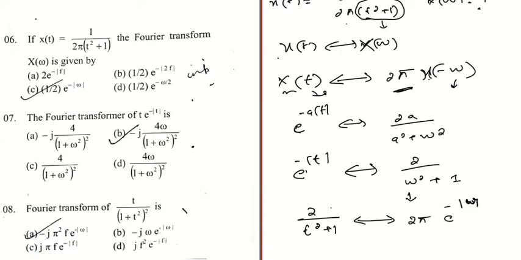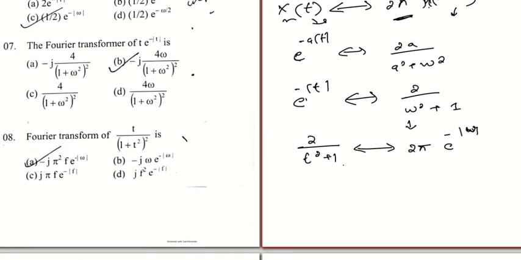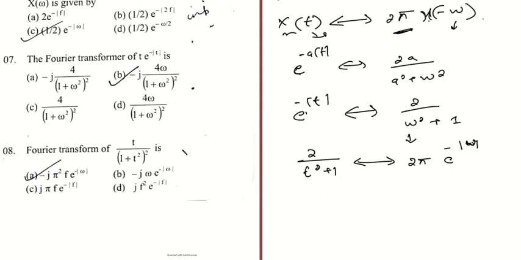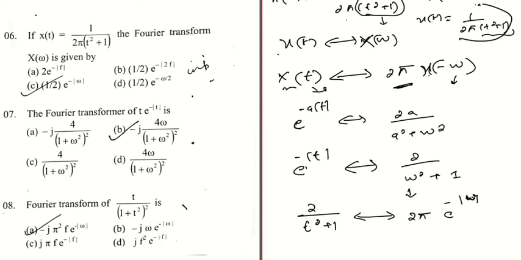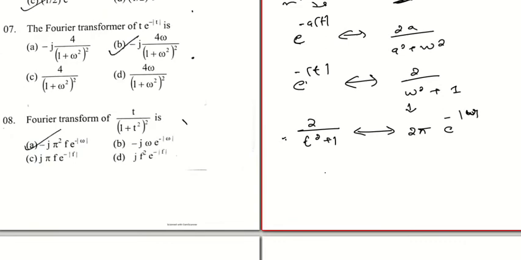Okay, we have to find out the Fourier transform of x of t equal to 1 divided by 2 pi into t square plus 1. So this t square plus 1 we got. So we should make this into 1 by 2 pi into t square plus 1 and make the corresponding changes on the other side, so that we will get the answer. It is equal to 1 divided by t square plus 1.